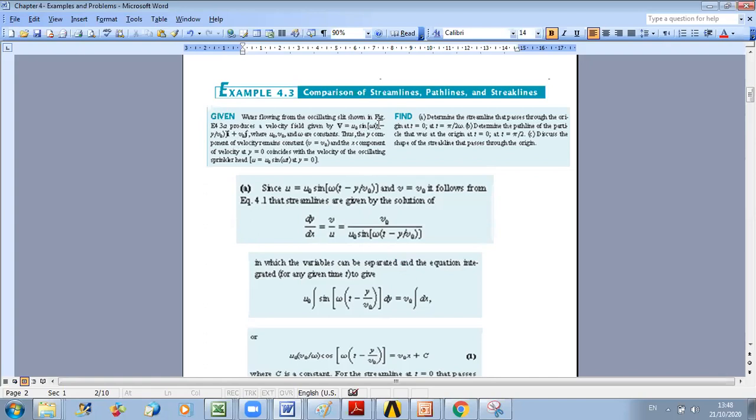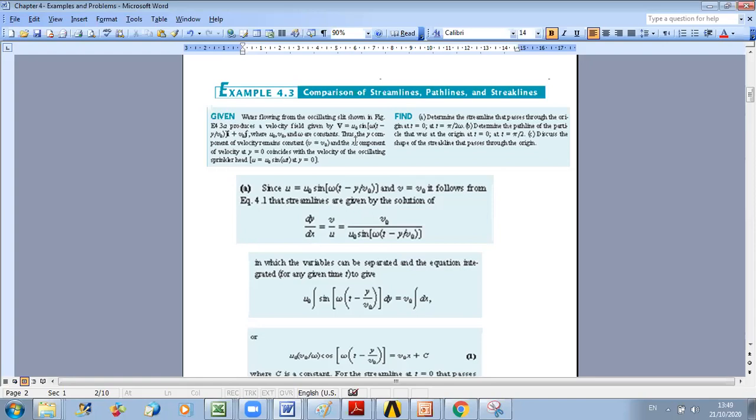And for this flow field, you will see that when you have transient applications, the streamlines, pathlines, and streaklines will be different. However, in a steady state application, if you draw the streamlines, pathlines, and streaklines, they will be the same lines. So the main difference between the three will be observed when you have a transient application.